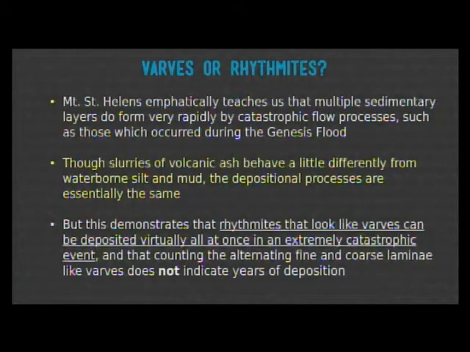So this demonstrates that rhythmites, which look like varves, can be deposited virtually all at once in an extreme catastrophic event. And thus, if you were to count the fine and coarse-grained laminae, thinking they were varves, you would get the wrong count. They do not indicate deposition over thousands of years.